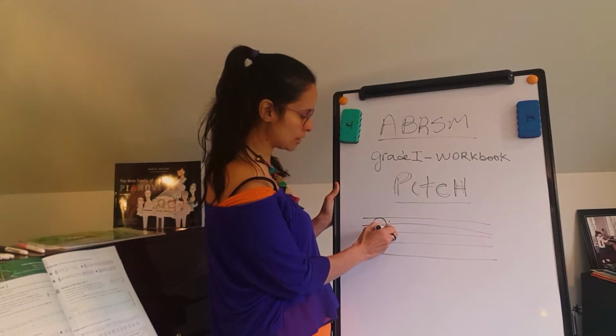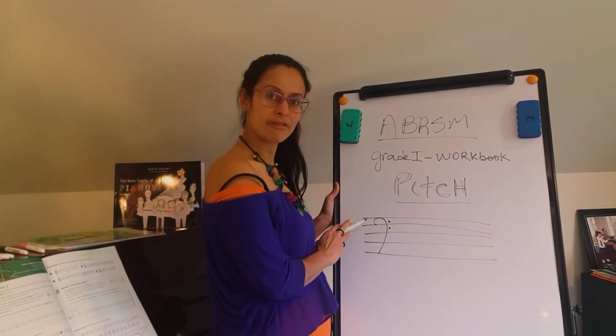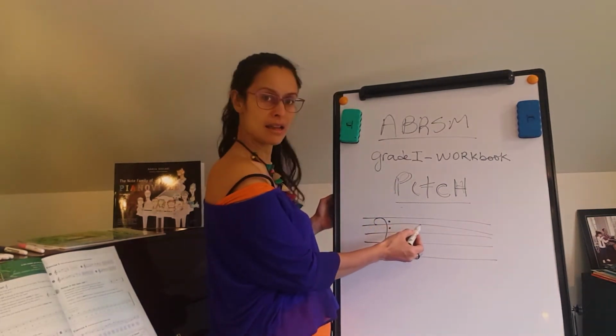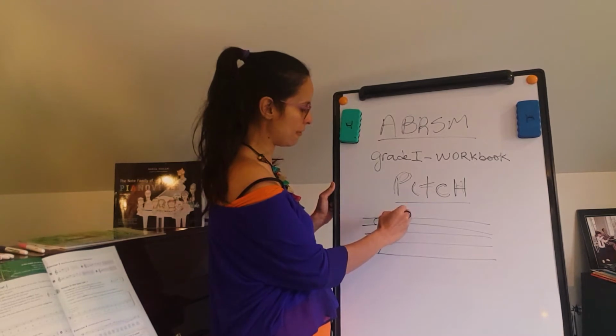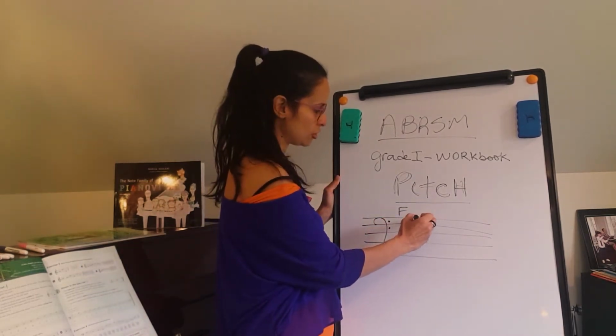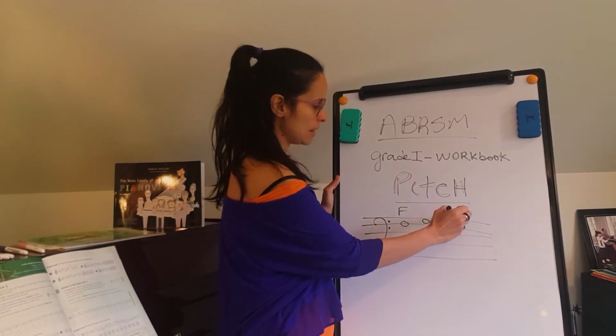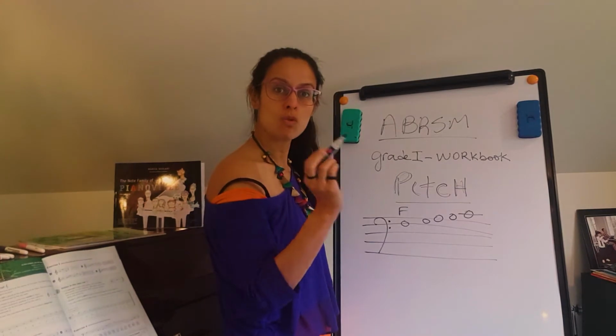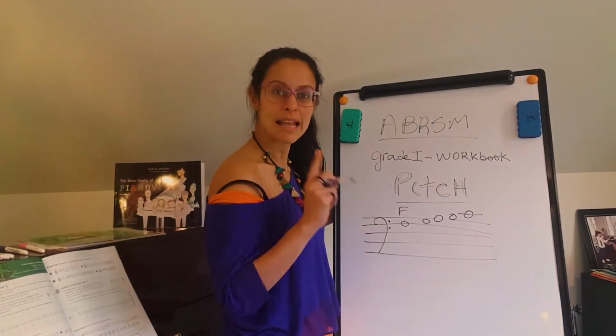Place those 2 dots here. And you have your F clef or bass clef. And the note on the 4th line is F. And where is middle C? F, G, A, B, C. Now get your workbook grade 1 and let's work together.